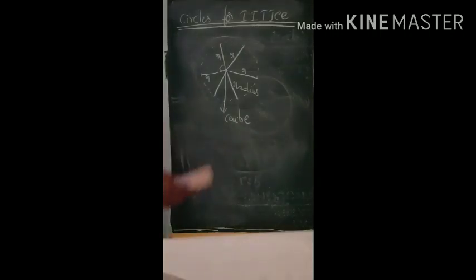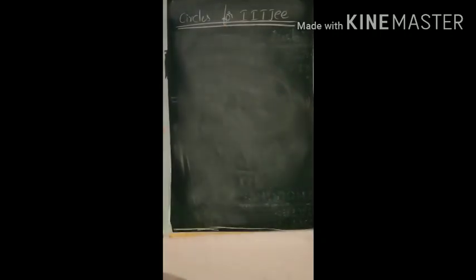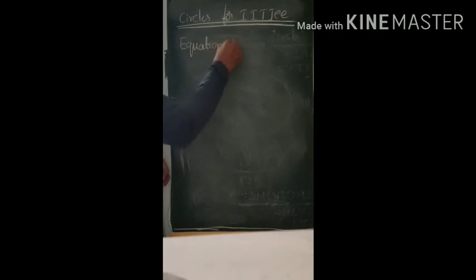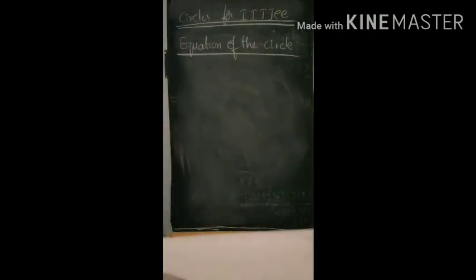Now next we are going to discuss the equation of the circle when you know the center as well as the radius. We are going to find the equation of the circle whose center is C (x1, y1) and radius r.